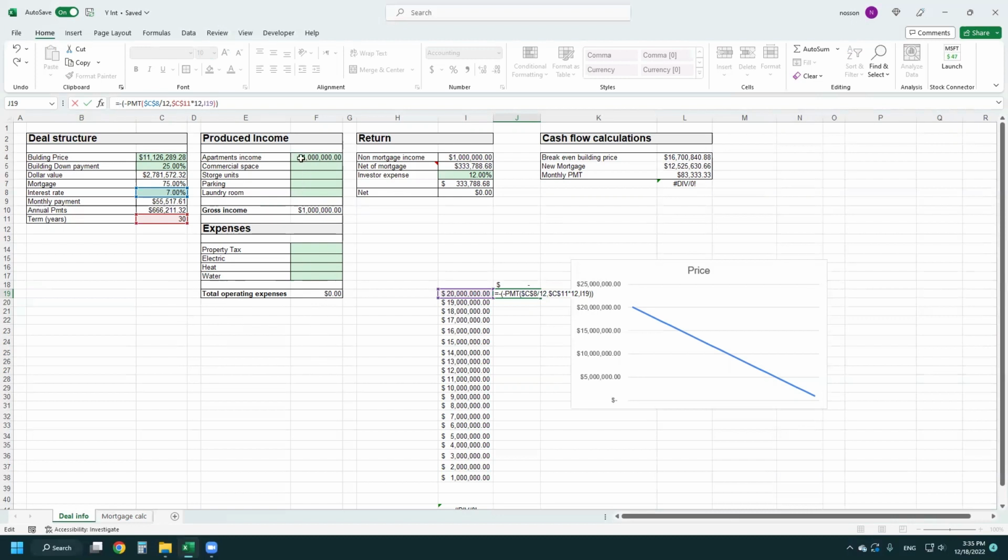So we want to take our income, keep it there, minus our expenses, minus our payment, and we need to multiply our payment by 12.